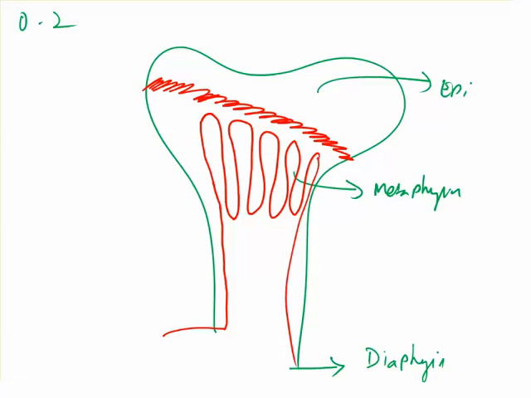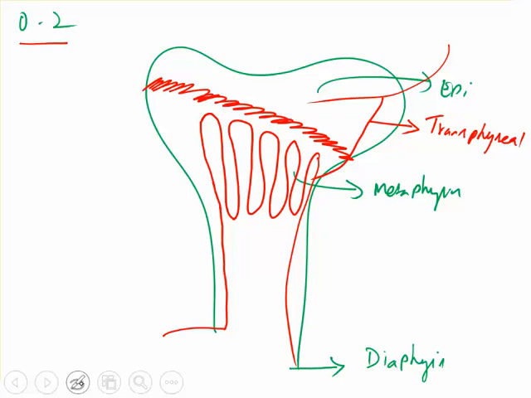Then it is 0 to 2 years of age. There is an epiphyseal vessel coming to the epiphysis. What will be seen here? There will be a connection vessel. That is called transphyseal blood vessel.